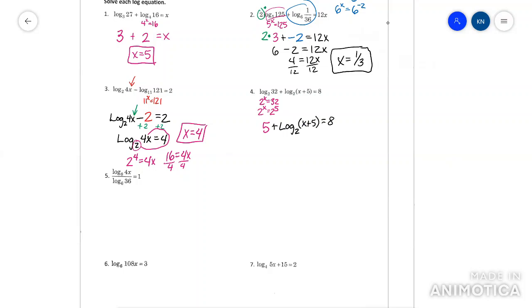And so now, like I just said, you're going to want to isolate this log. You want to get it by itself. So I would minus 5 here. So you get log base 2 of x plus 5 by itself equals 3. Now you can snail and get 2 cubed equals x plus 5. Well, 2 cubed is 8. Subtract 5, x equals 3.